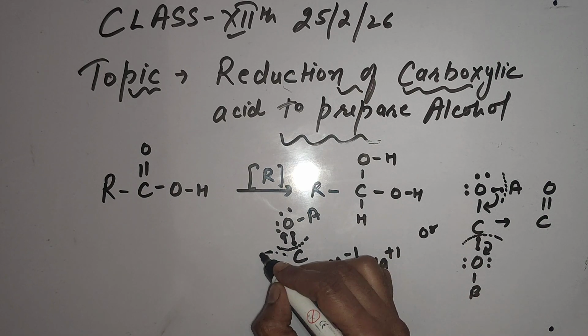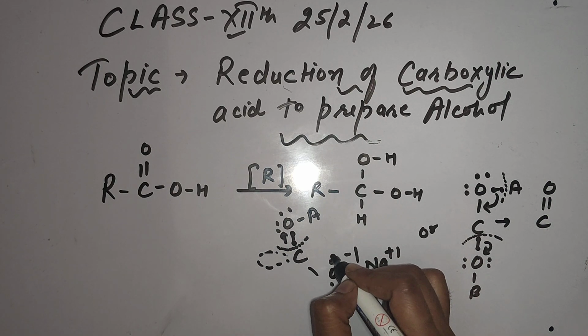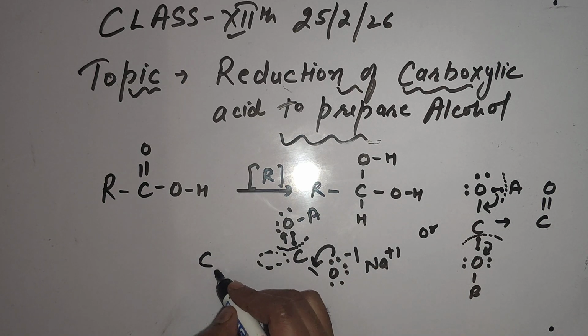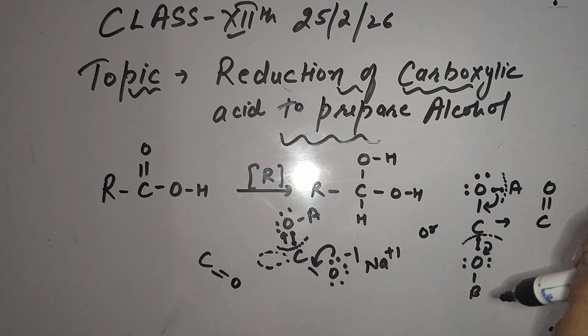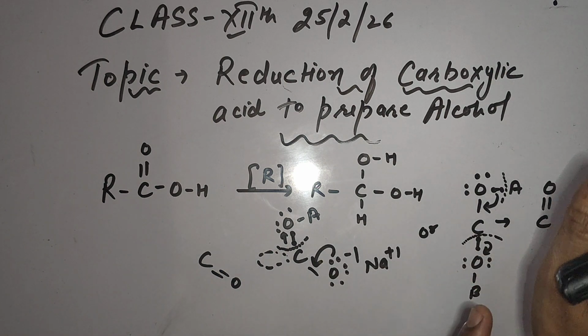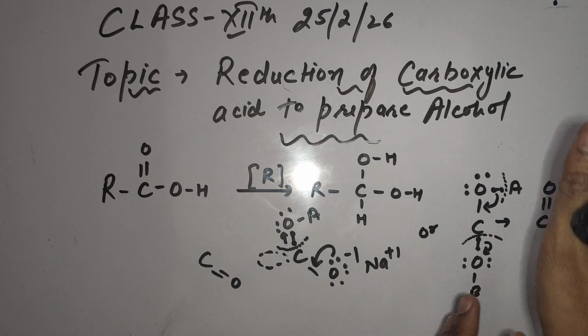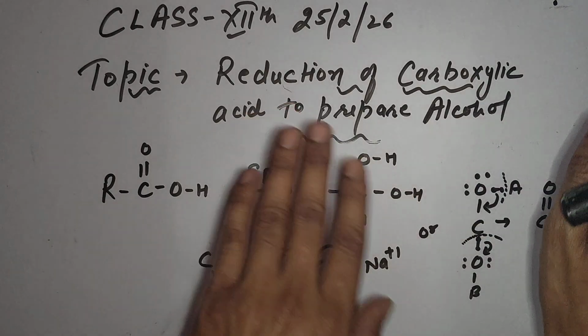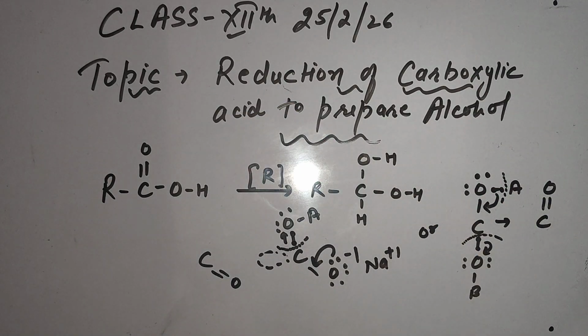That vacant orbital will be satisfied by the neighbor oxygen by shifting lone pair electrons here, and again C=O will generate. Please note down this condition. In organic chemistry, whenever you get this condition, satisfy your carbon like this. Two oxygen atoms on the same carbon will never be stable.